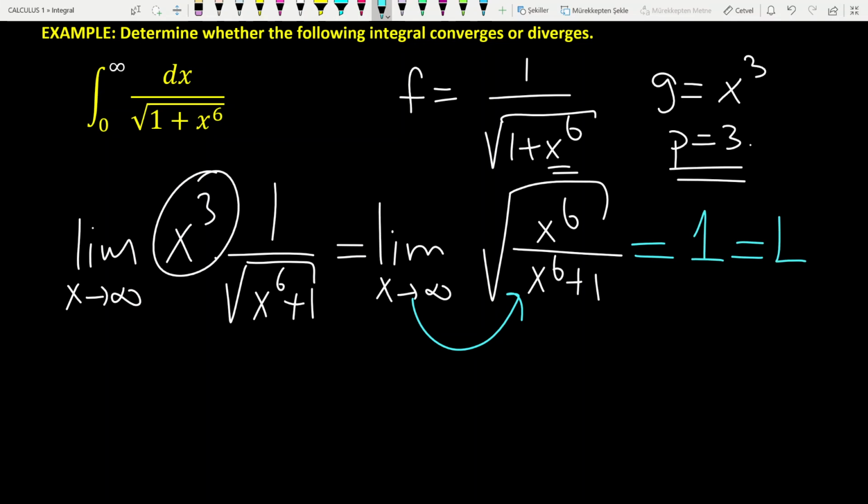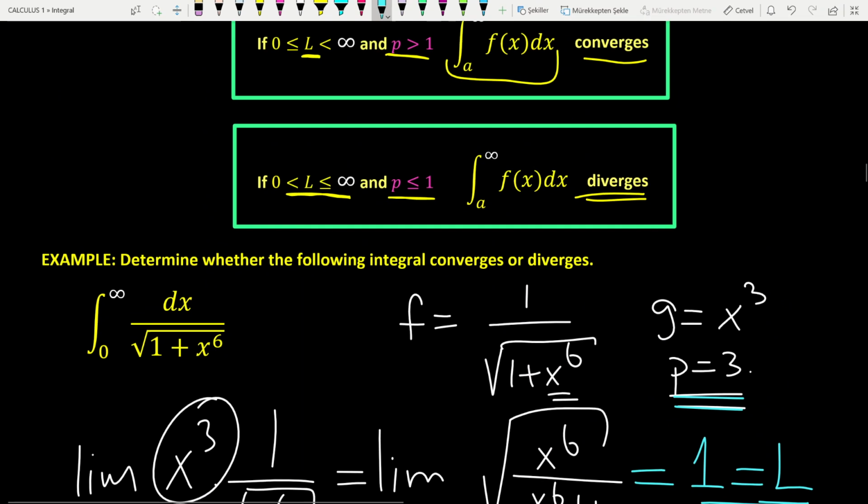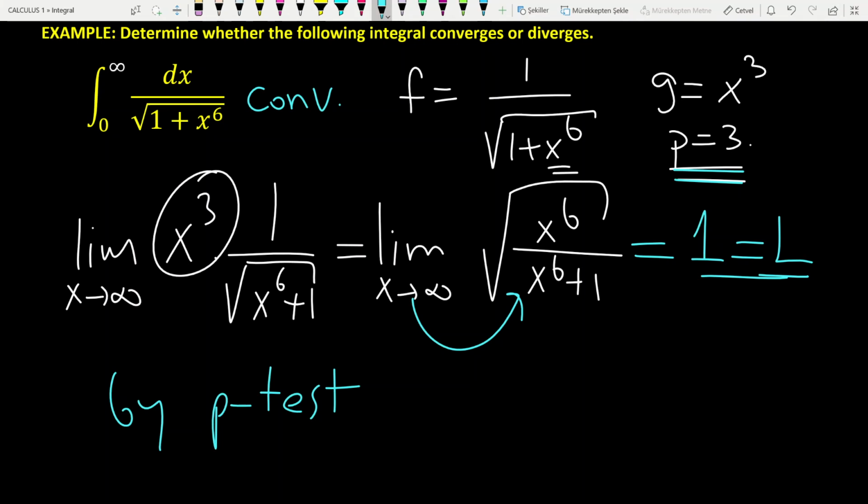So L is equal to 1, p is equal to 3. Let's look at the conditions of this expression. L is a number and p is greater than 1. In this case, by p-test or modified limit comparison test, the given improper integral converges. Okay, this is all.